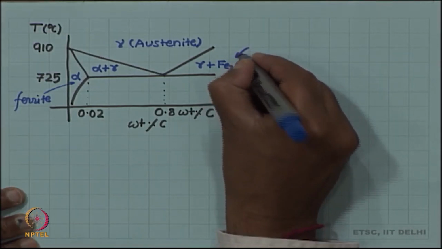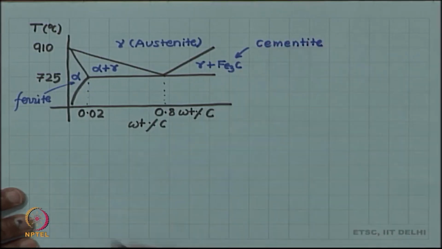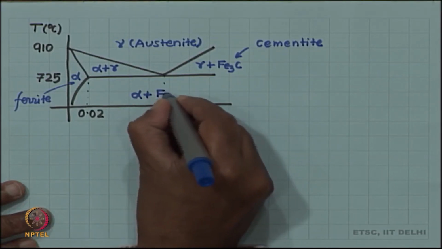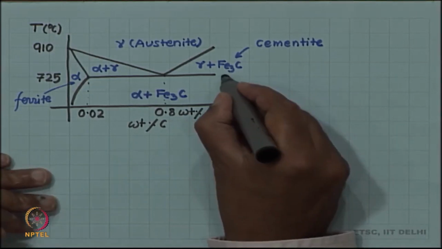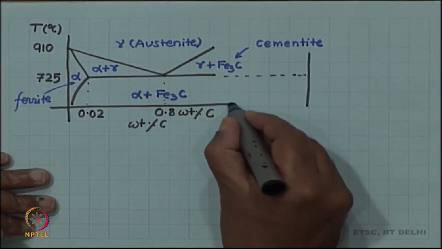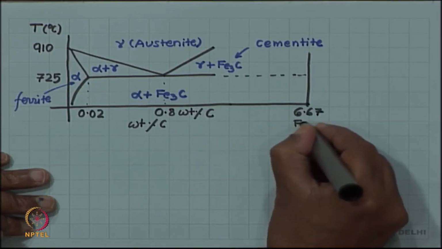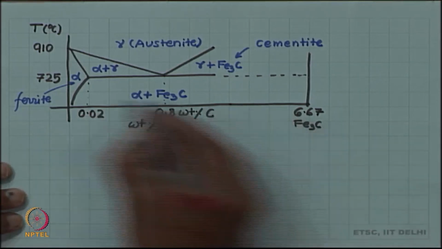Fe3C forms, which is cementite, and this region is alpha plus Fe3C. So, this was our iron carbon diagram, and let me take it all the way to cementite. Let me say that this is 6.67, that is Fe3C.